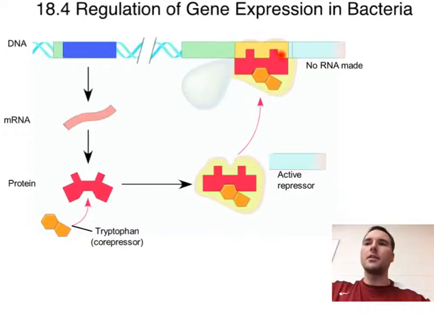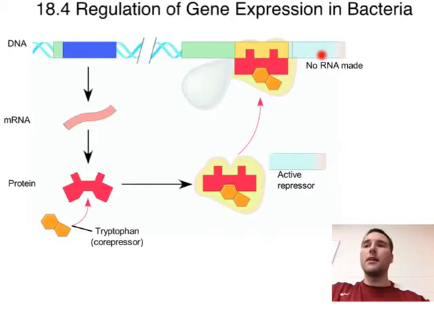It can attach to the operator, and what that means is the green here is our promoter. Here is our RNA polymerase. When it goes to attach to the promoter, it can do that. But when it goes down the line to transcribe our genes so that we can make more enzymes, it runs into this activated repressor, and that prevents the RNA polymerase from doing its job.